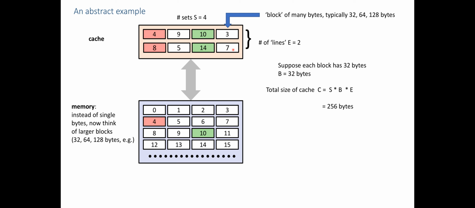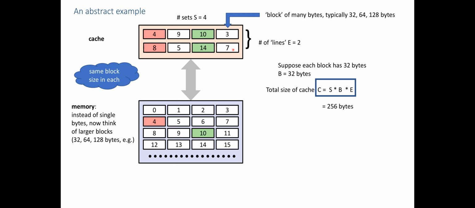So if B, the size of our block, was 32 bytes, which is the same size in both main memory and cache, those have to match. In that case, the size of the cache can be computed. If we had 32 for B, E is 2 and S is 4, that turns out to be 256 bytes.